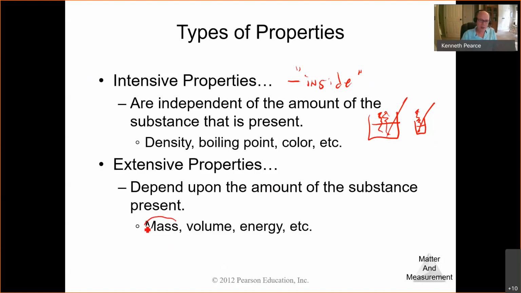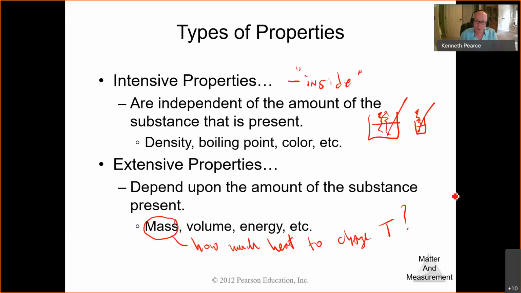Like, for instance, mass. How much heat does it take to change the temperature? Well, what would make sense? If you have less mass, it would take less energy to change the temperature. In other words, think about putting it on a stove.